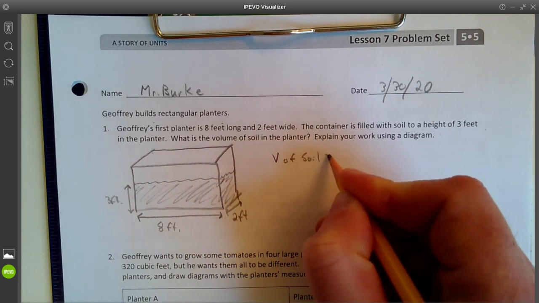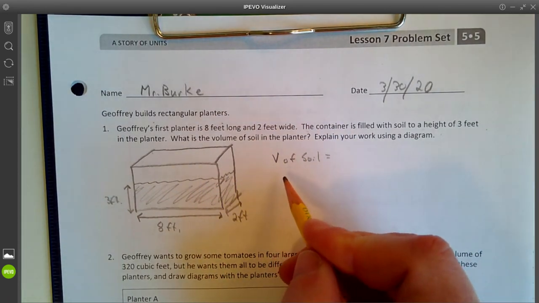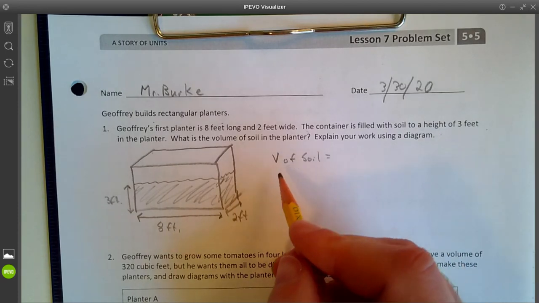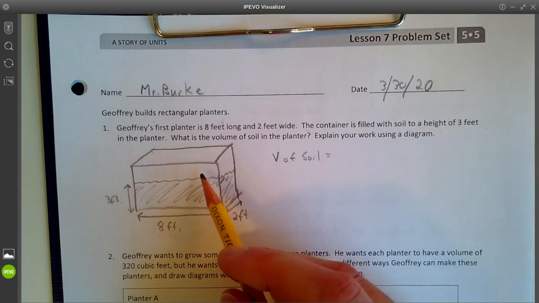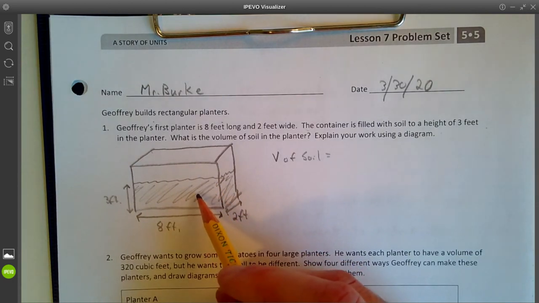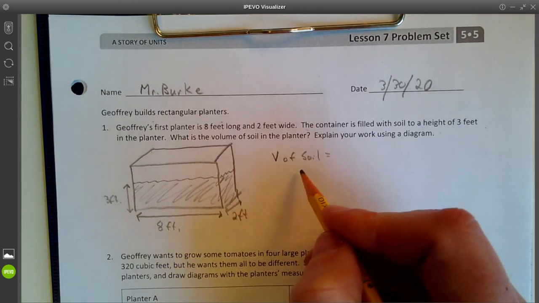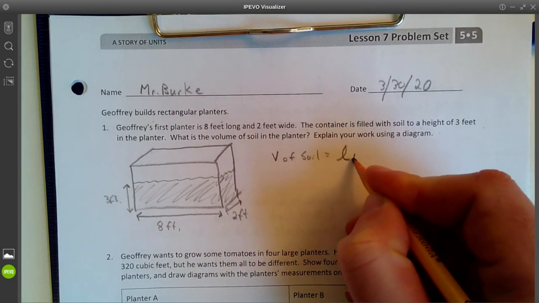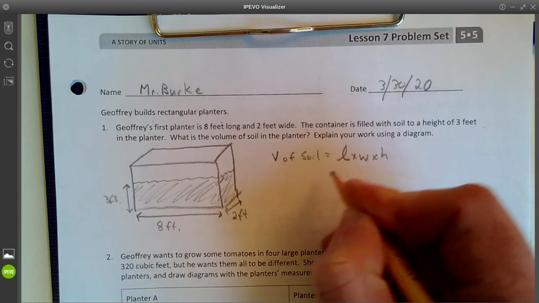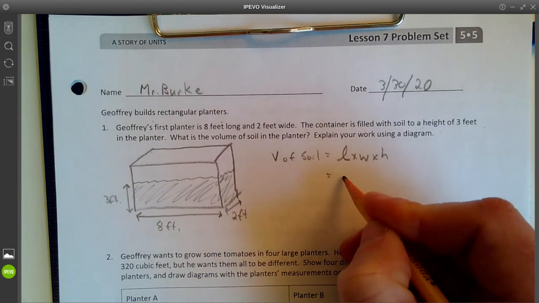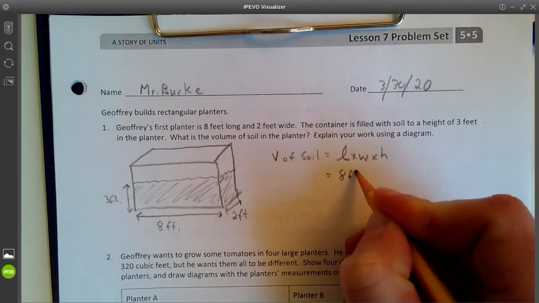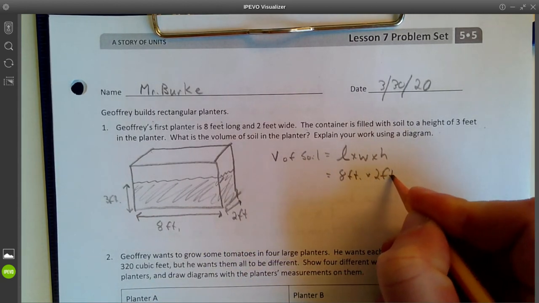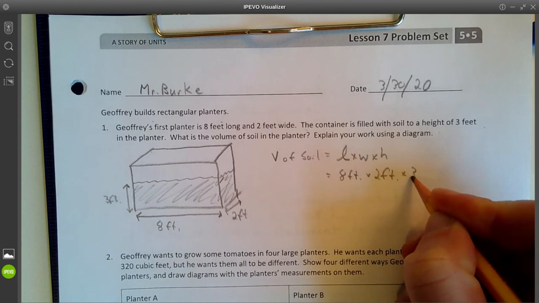I think it's going to be helpful if we start saying, like in the work that we did on Friday, volume of box A, volume of box B, and so on. So volume of soil equals the length times the width times the height, equals the length 8 feet times 2 feet times 3 feet.